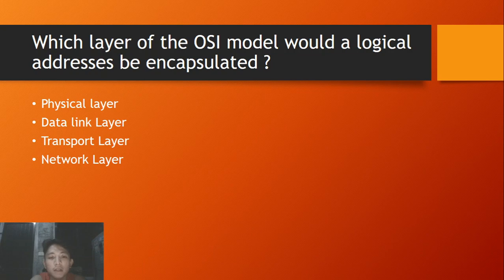Physical addresses are encapsulated at the data link layer. Port addresses are encapsulated at the transport layer. No addresses are encapsulated at the physical layer. So that's why logical addresses are encapsulated in the network layer.